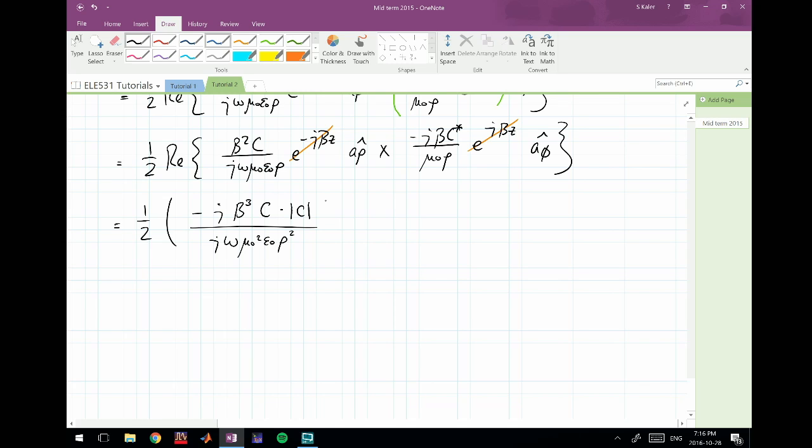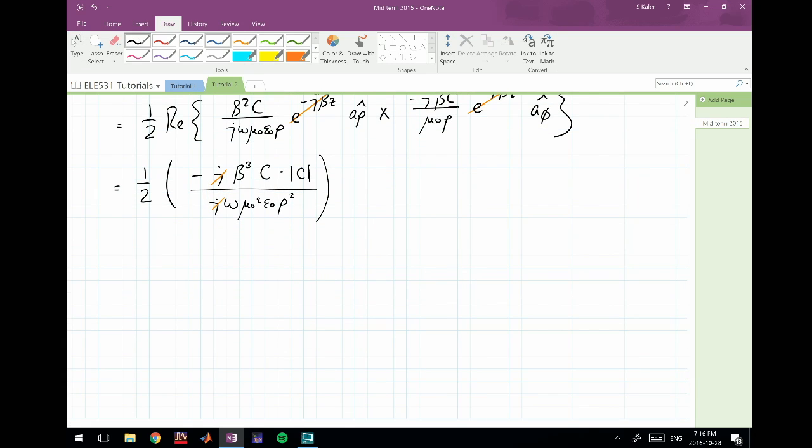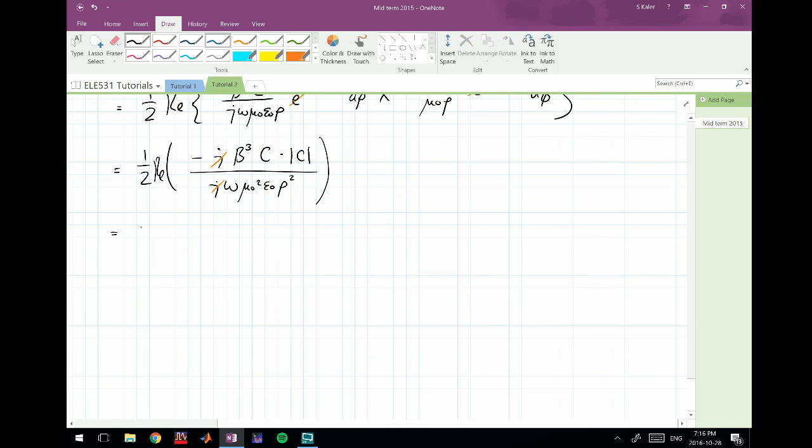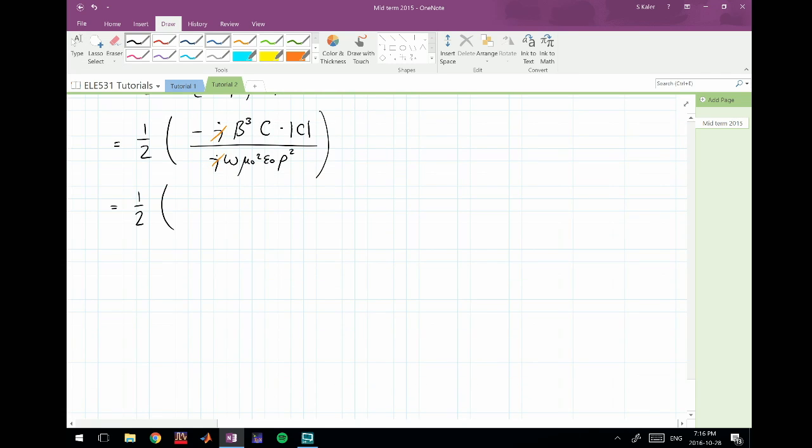Okay, I hope we're good there. Now, of course, these two J's are going to cancel. And so that whole real thing, we can still write real, but the whole thing inside is real anyway, so I guess that really doesn't matter. So I guess we can just get rid of that part. He doesn't include it here.